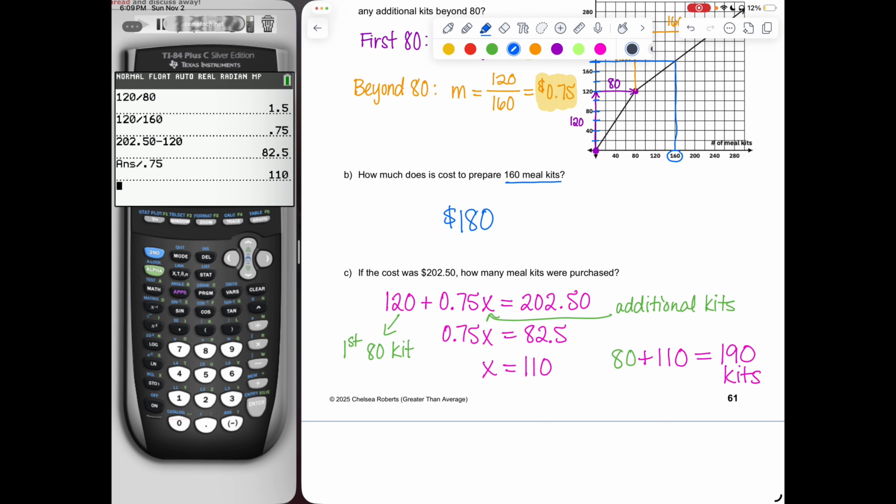That is how many kits you can get for that amount of money.